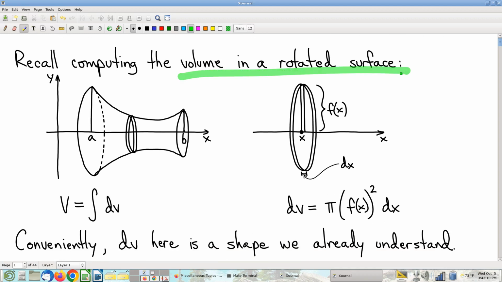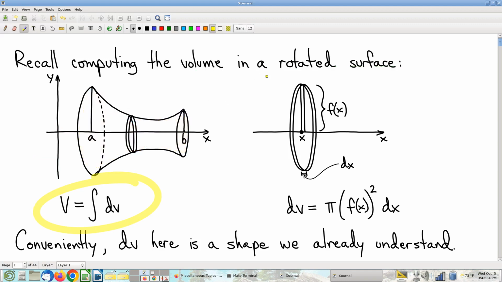Okay, so first a quick flashback. Hope you all remember how to compute the volume of a rotated solid if you have an area like this. Right? And if you rotate that around the x-axis, that generates a volume. And how would you compute that volume? Well, you slice it up into a bunch of little pieces.